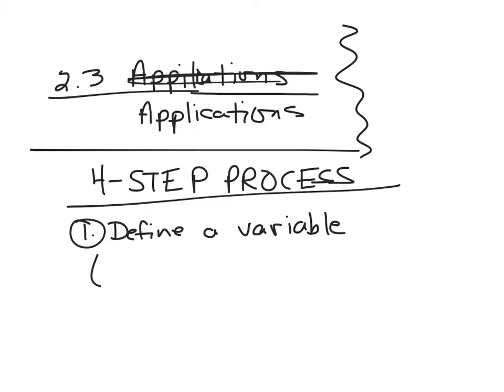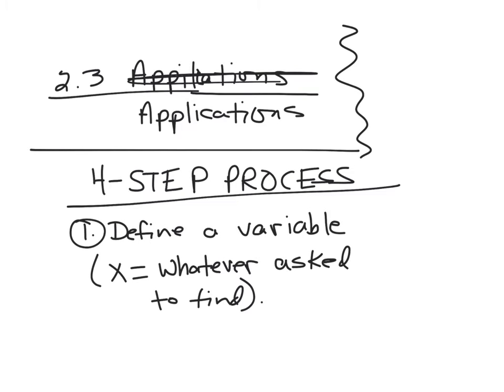Well, that means we're going to pick a variable, x, y, z, whatever, and we're going to tell what it's equal to in the problem. So we're actually going to write on our paper, x equals. Now listen, 9 times out of 10, it's going to be best to let x be equal to whatever we are asked to find.